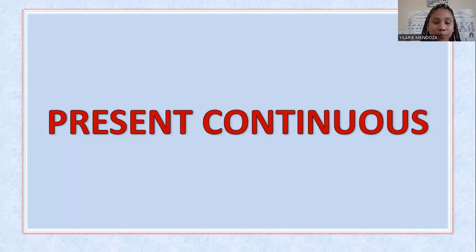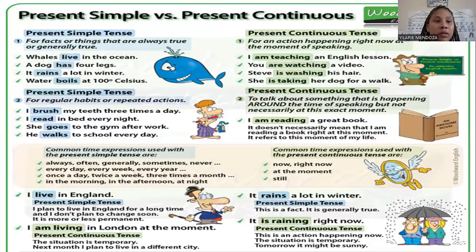Next up, present continuous. The simple present and simple tenses describe things that are always true or generally true. The present continuous tense describes an action happening right now, at the moment of speaking.